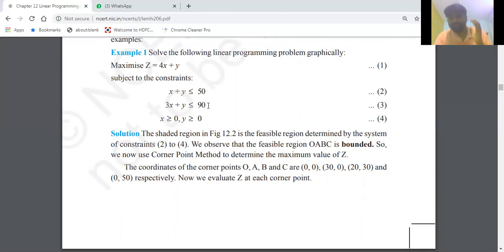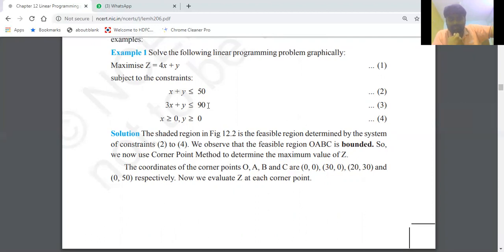Now tell me what is the point of intersection? Without using pen and paper, tell me the answer for this. What is the answer generally? Point of intersection is the answer. Correct? So x plus y equals 50, 3x plus y equals 90.